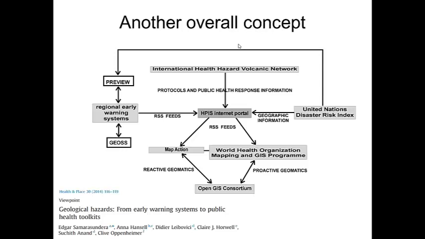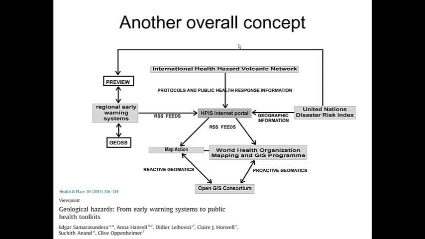The third source of information is the International Health Hazard Volcanic Network, which is a database of information on protocols and public health response, depending on the characteristics of different events. So we know the earthquake and how big it is. We know the characteristics of the location.